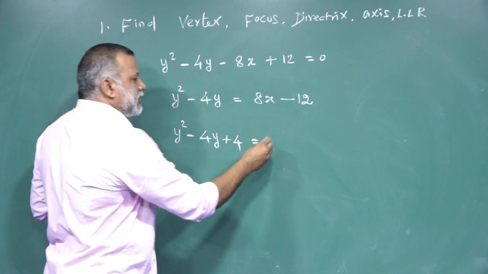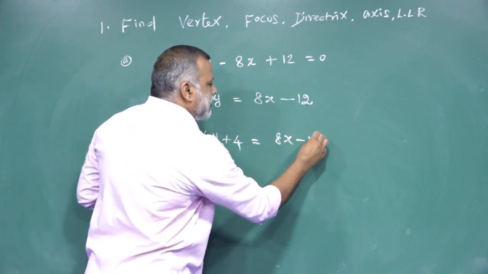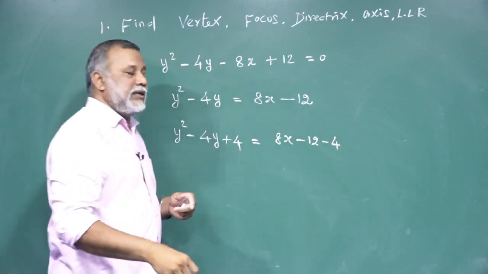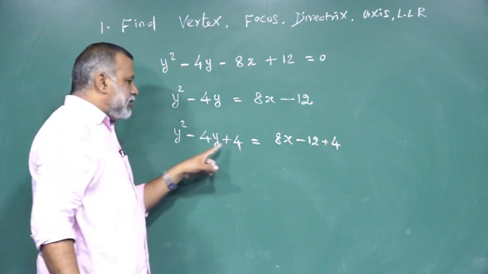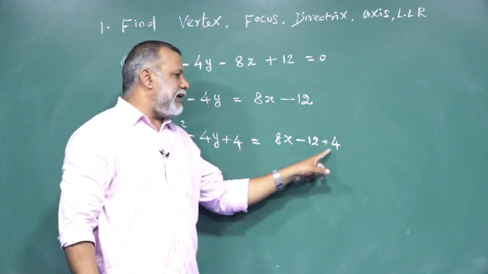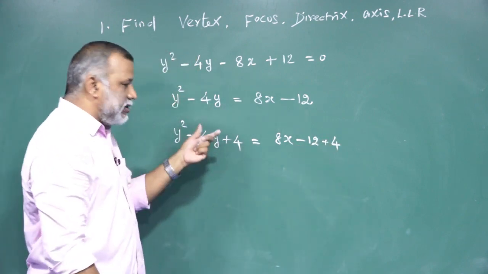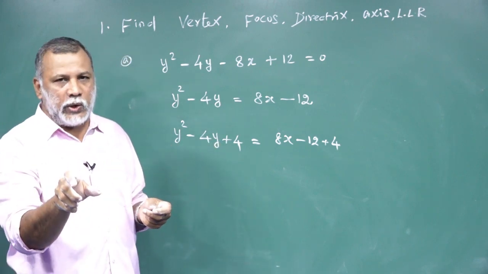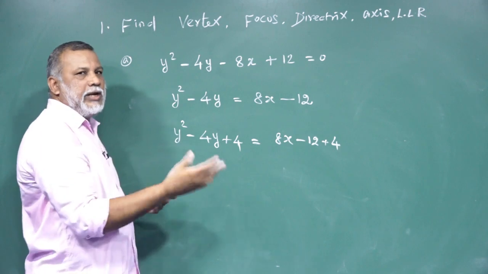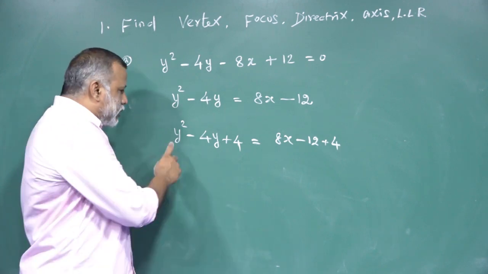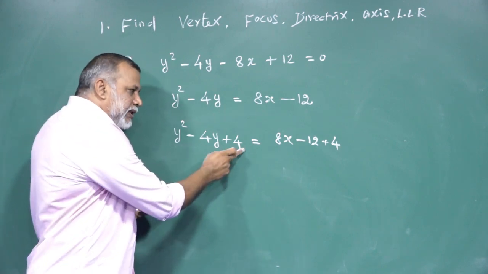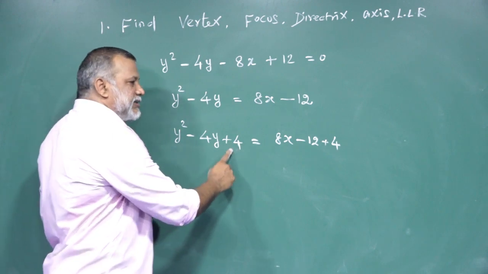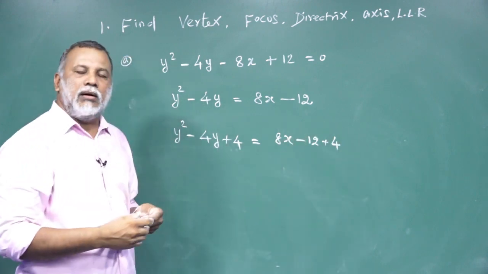Adding in both sides, therefore the given equation is unaltered. See here plus 4, here also I am adding plus 4. So this is the logic we are using. This is called the completing the square method. You already studied this in your 10th standard, 9th standard. So y squared minus 4y, then 4 added here on the LHS side and also on your RHS side.